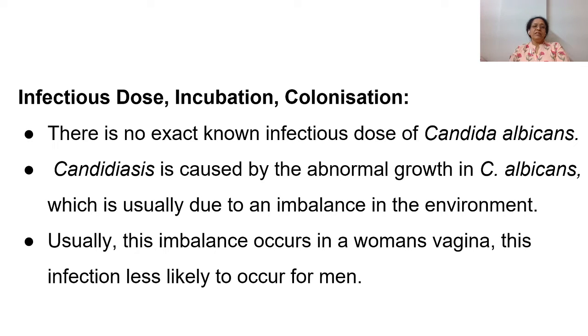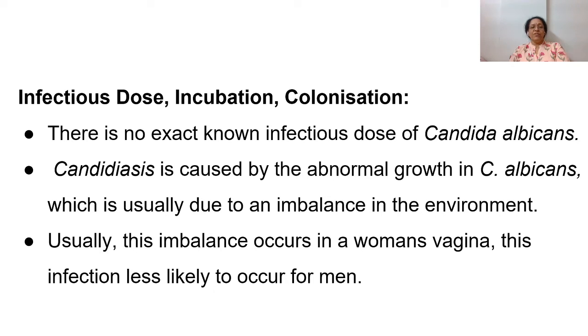So here there is no exact known infectious dose of Candida albicans, and the incubation period depends again upon the immune status of that person. It is caused by abnormal growth of the organism, and this is mainly because of an imbalance in the environment. This imbalance occurs in women's vagina, and this infection is less likely to occur in men.